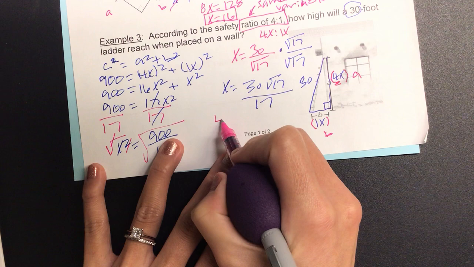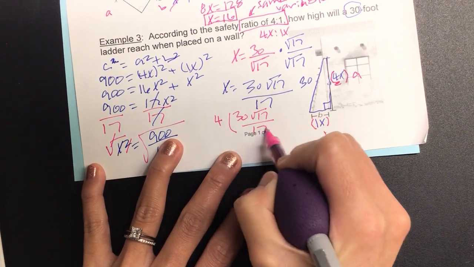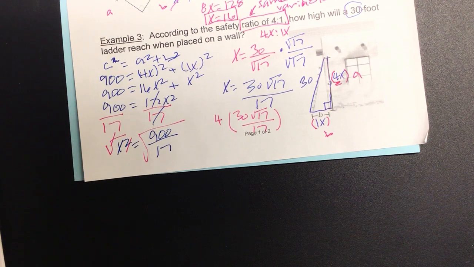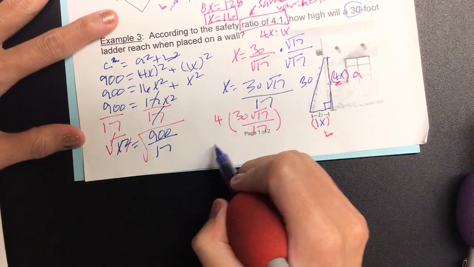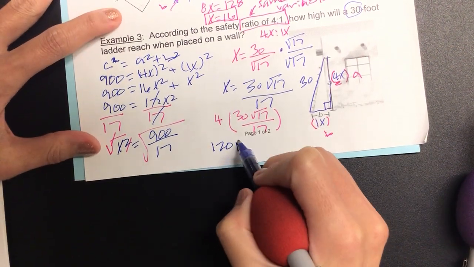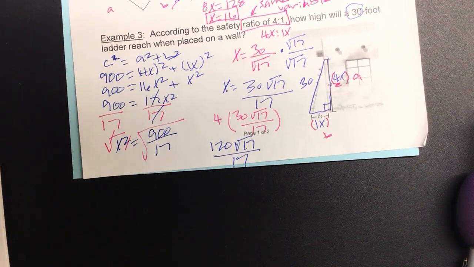So if I take 4 times all of that, is 4 over 4 or 4 over 1? 4 over 1. So am I taking the 4 and multiplying by the 30 alone or both? Just the 30. So when I do, I will get 120. I know this is quite annoying, right? Can I further simplify the whole numbers? Nope.